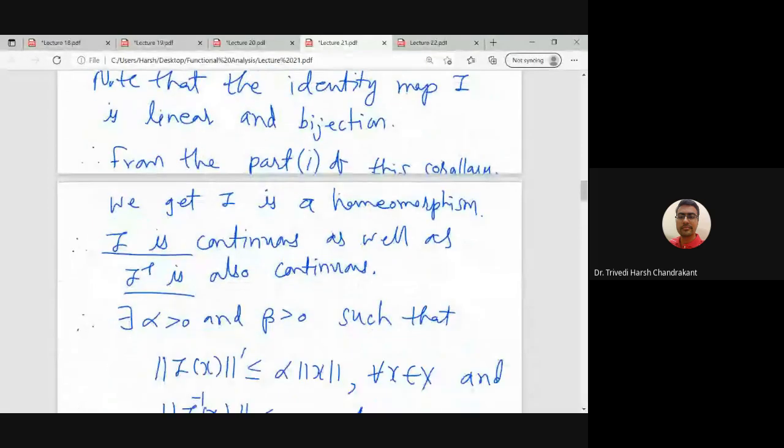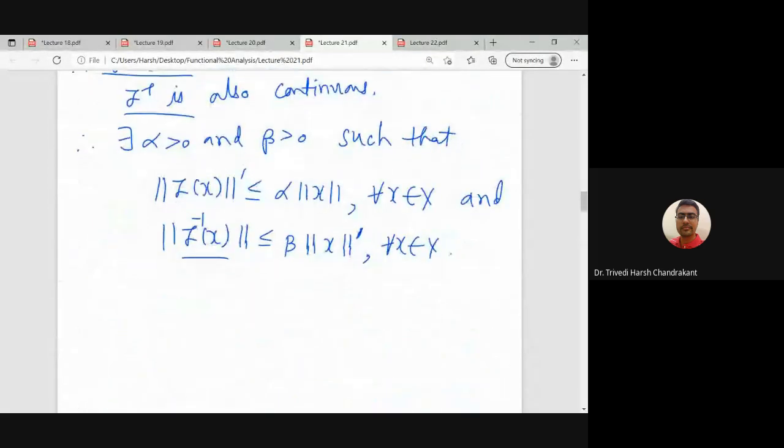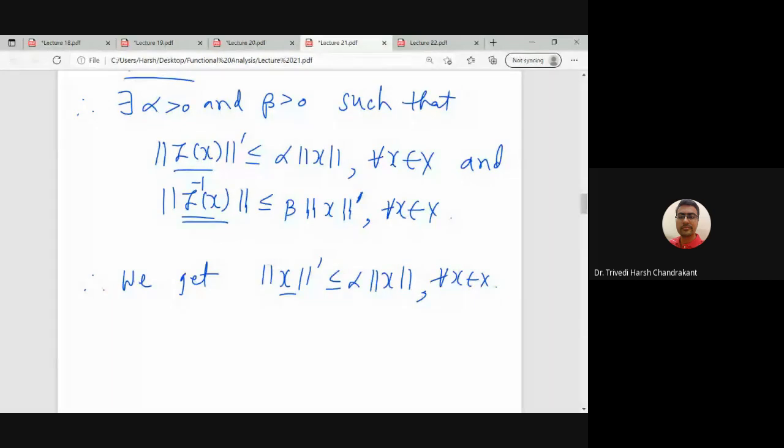So let us substitute these two things here. So what we get is, therefore, norm of x dash, right? Because Ix is x, that is less than or equal to alpha times norm x. And on the other hand, I inverse of x is also x.